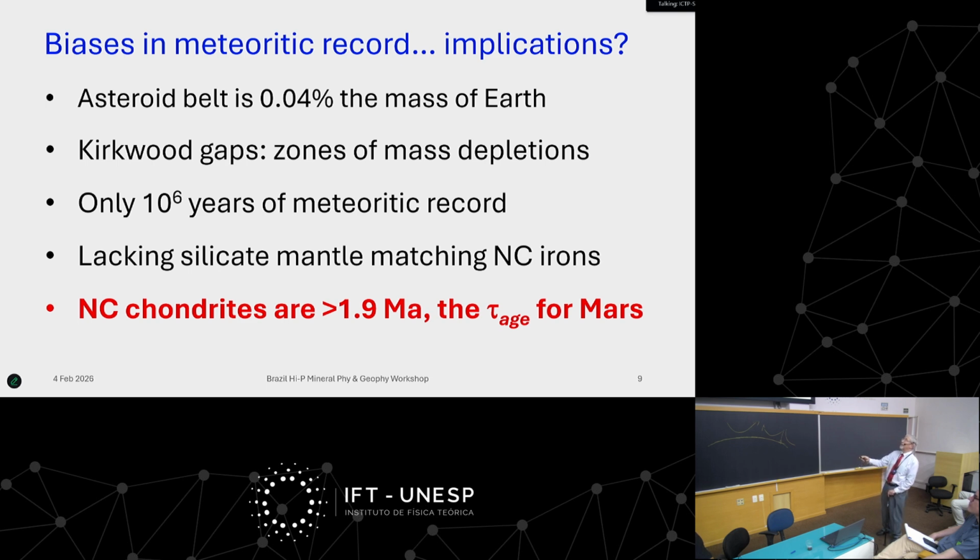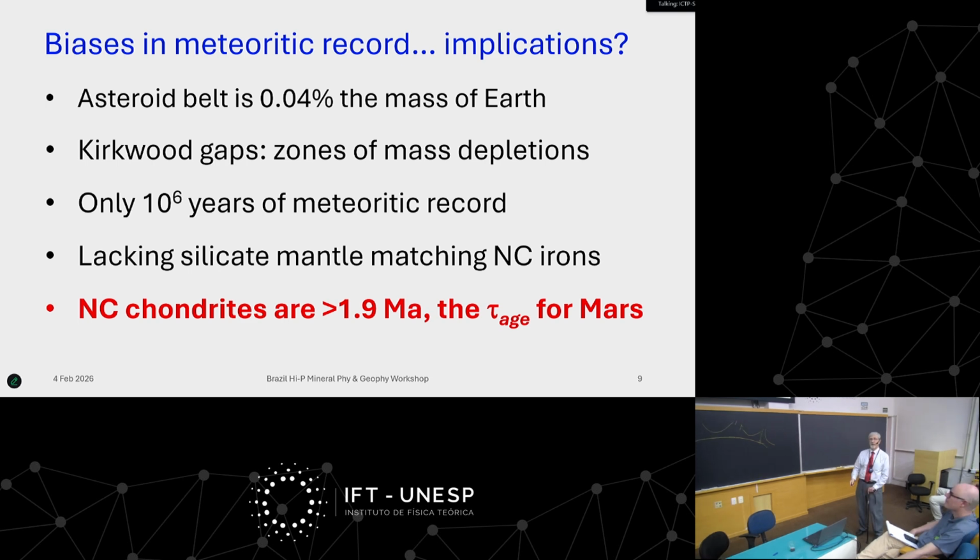The Kirkwood Gap, zones of mass depletion. So for 4.5 billion years, the asteroid belt has actually been excavated due to the gravitational pull between the sun and Jupiter. It's been throwing out material all the time. And so the astronomers keep talking about what was the size and mass fraction in the asteroid belt 4.5 billion years ago.